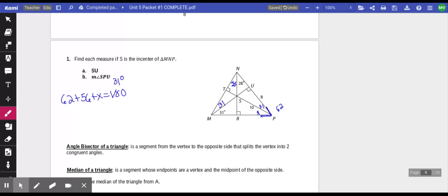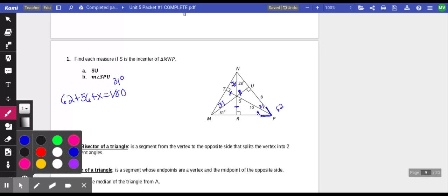Now SU is equidistant to SR is equidistant to ST because the distance from the incenter to all the sides are equal. Now the question is, how can I find SU? Well, to find SU, I need to know that this is a right triangle, and I know that this is 8 and this is 10.